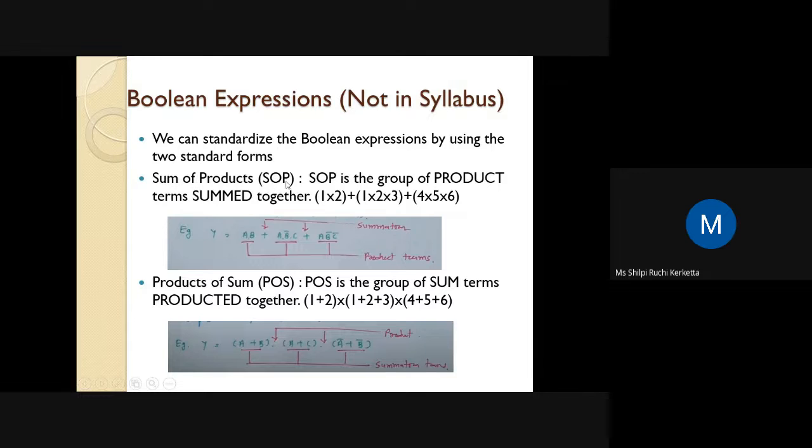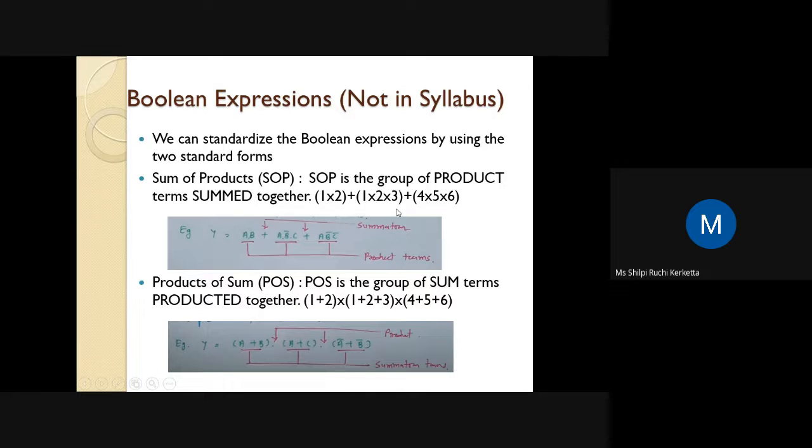It means first we do the product terms, then we sum these products. For example, in mathematical form, 1 into 2 is the first product, 1 into 2 into 3 is the second product, and 4 into 5 into 6 is the third product. These are our three products and then we sum them. That's why we call it sum of products.